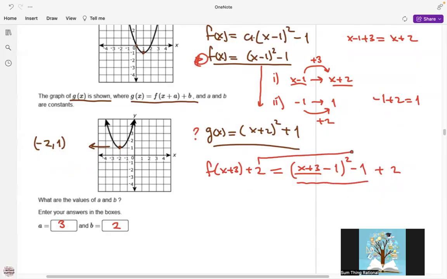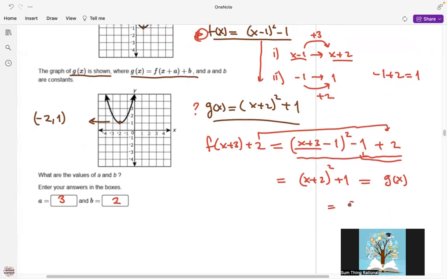Let's simplify it. x plus 3 minus 1 is x plus 2, squared. Minus 1 plus 2 becomes plus 1, which, as you see, is the g of x function. So g of x can be written as f of x plus 3, plus 2.